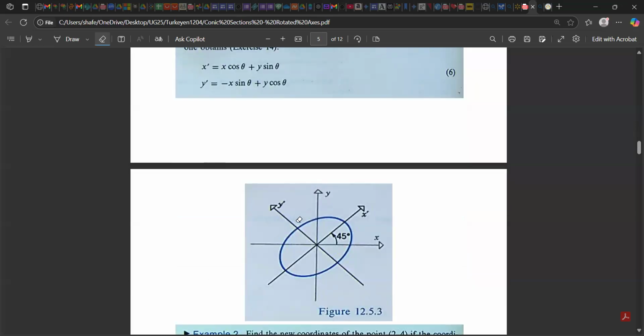So it's a 45-degree clockwise rotation, right? A clockwise rotation. So they're rotated 45 degrees this way. No, that's wrong. The anti-clockwise rotation of 45 degrees. Yeah, the anti-clockwise rotation of 45 degrees.